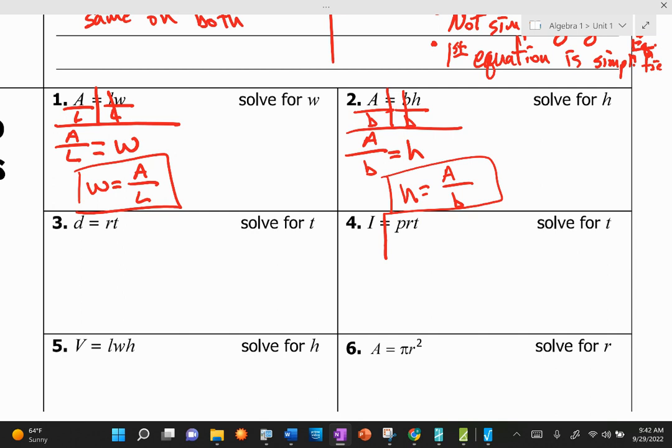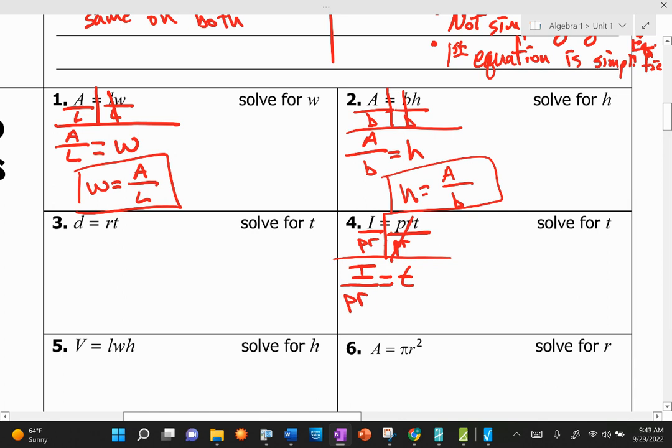If they are all being multiplied together, just divide by PR. Okay. Divide by PR. The PRs will cancel out on the right, just give us T.